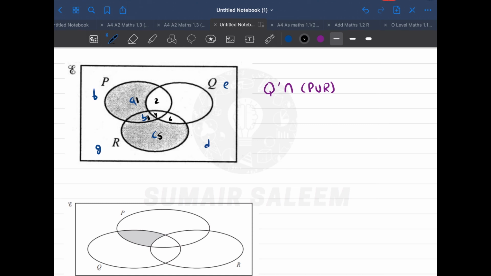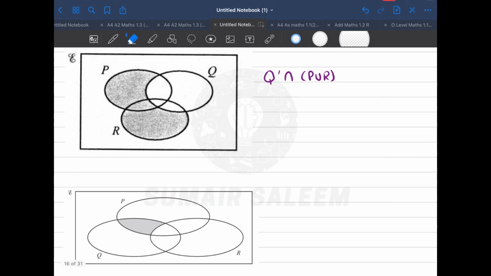Entire P and entire R. So my shaded region is this one. And you're going to erase the rest. Now if you can see, the shaded region you got and the shaded region given in the question were the same. Let's move to the next question.